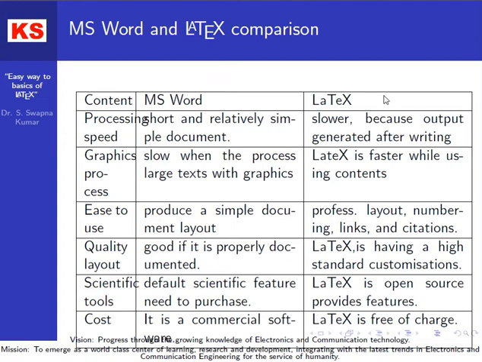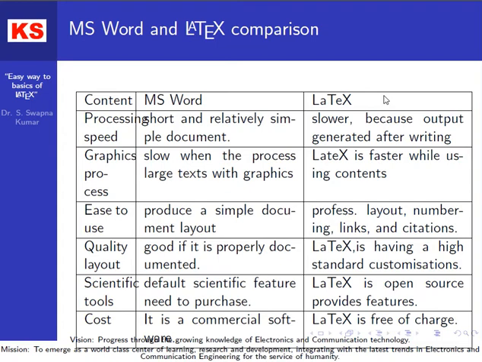Quality layout: Word's typesetting quality will be good if it is properly documented, while LaTeX uses high-standard customizations. Scientific tools: Word does not provide scientific features by default; rather, you need to purchase them separately if you want to use them.